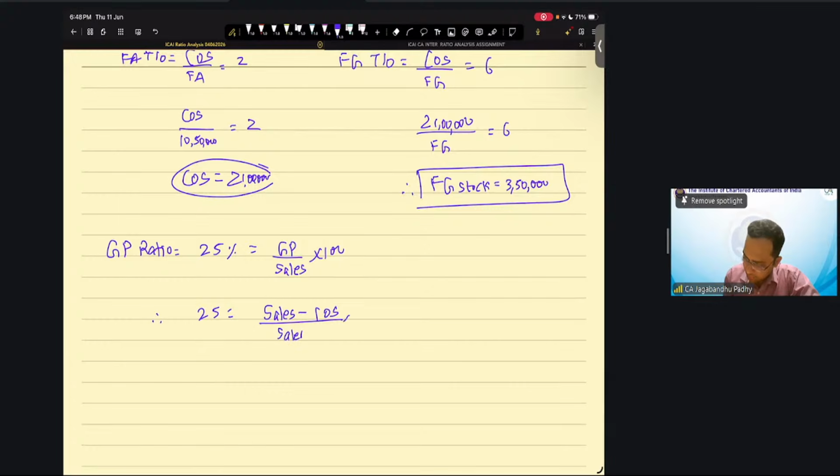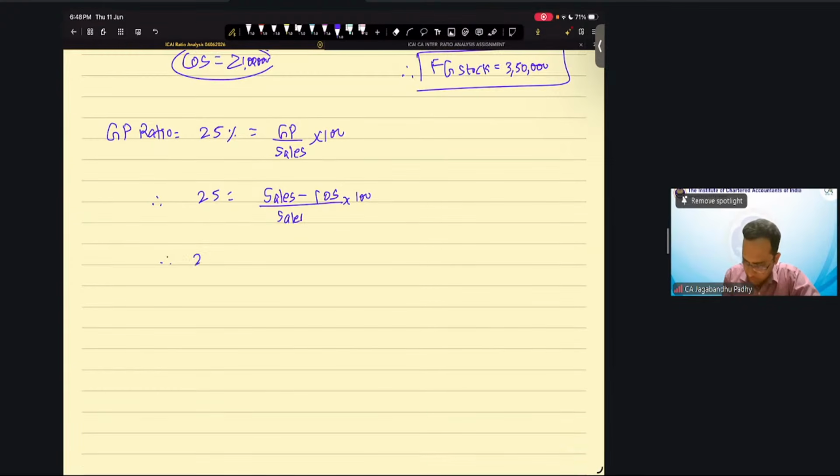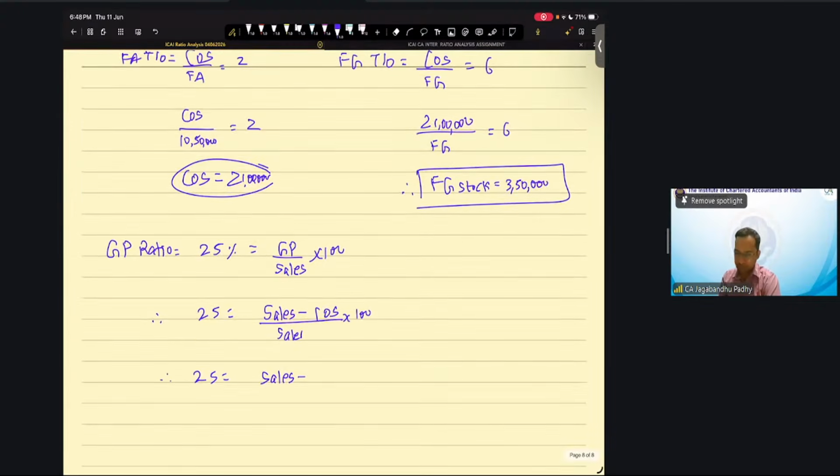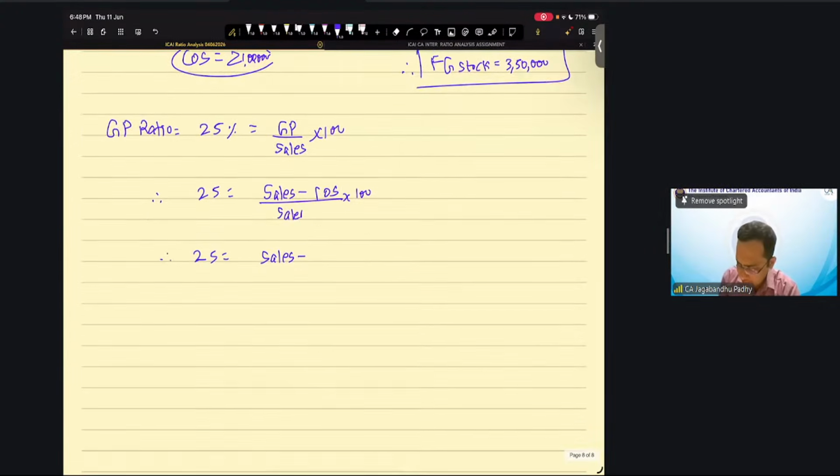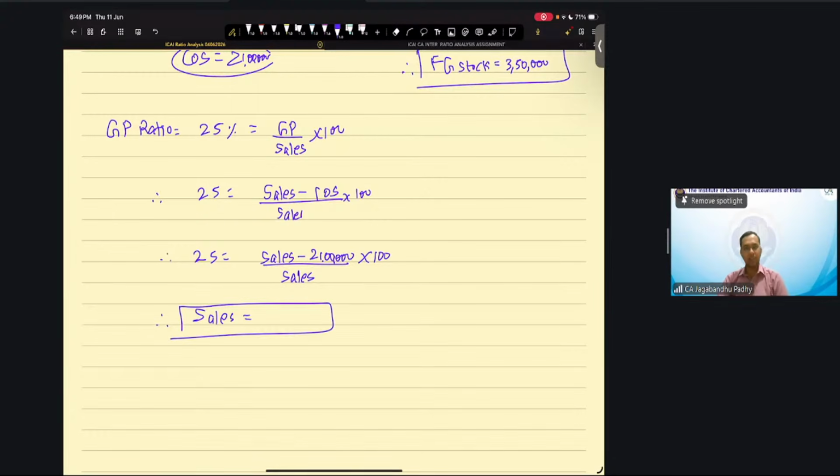So 25 is equal to sales minus cost of sales, and cost of sales was computed as 21 lakhs, so sales minus 21 lakh upon sales into 100. So you can just solve this equation and give me the value of sales, everyone.